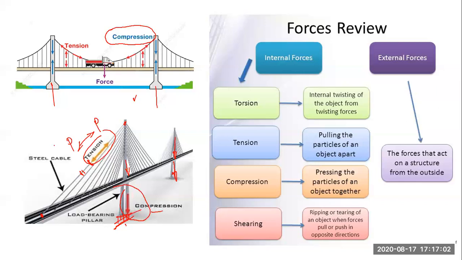The shock is ultimately transmitted here. So that shock has to be absorbed if the bridge life has to be increased. So the piers and the vertical members are under compression, whereas the cables and the wires are under tension.